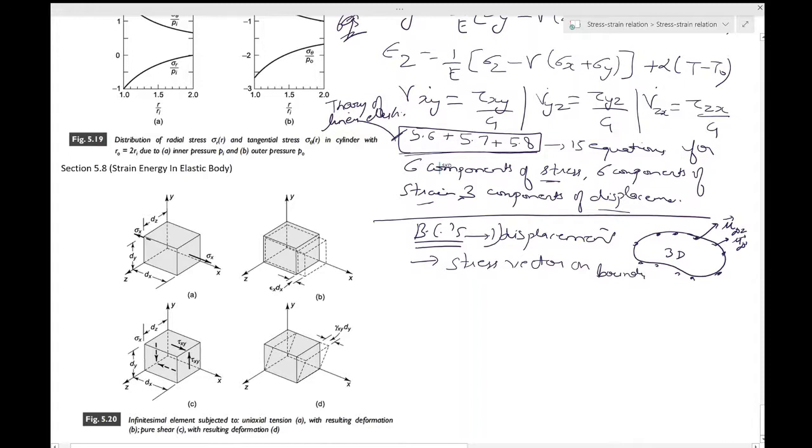If you look at section 4.2, for example, you would find that the stress vector can be shown like this. On every point of this solid you will have this possibility. And the third is mixed, meaning part of your boundary will have displacement specified, part of your boundary will have the stress vector specified.